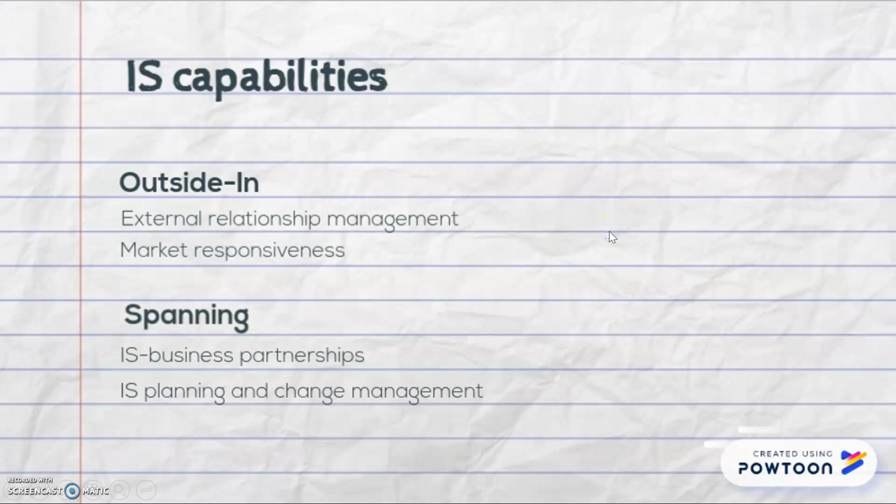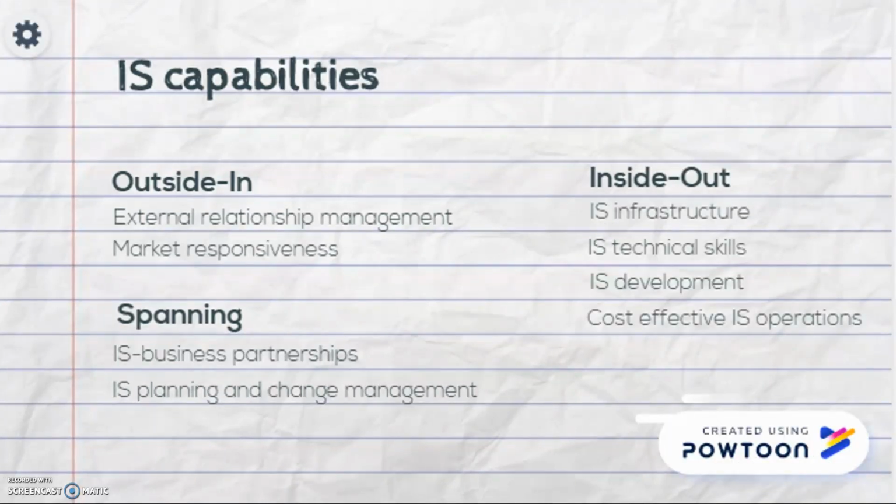The second one is the spanning ones, including IS business partnerships and IS planning and change management. And lastly, the inside-out IS resources, including the IS infrastructure, technical skills, IS development, and cost-effective IS operations.